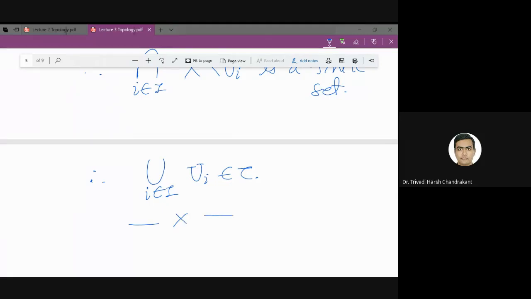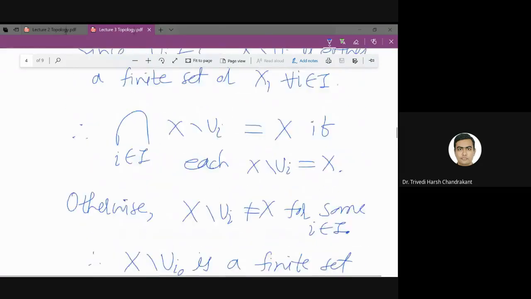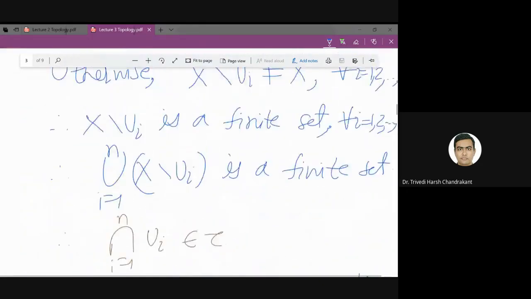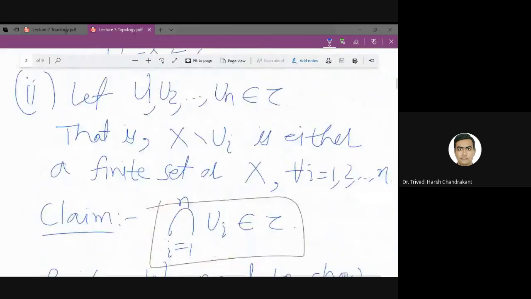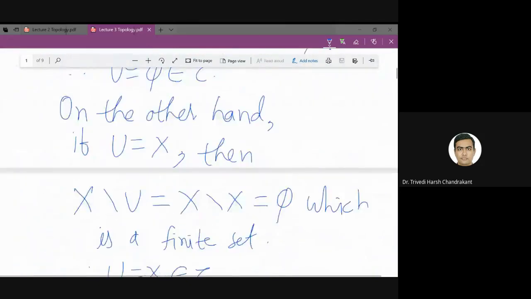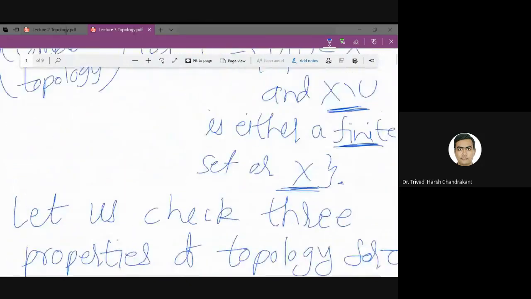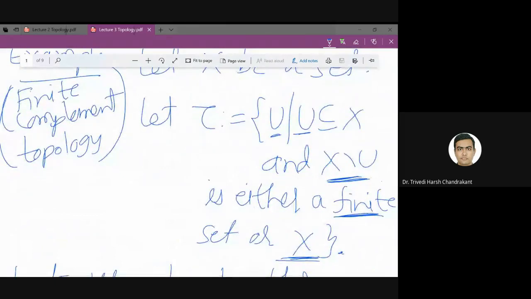So that means the tau we have defined here satisfies all the properties of a topology. This particular tau is known as the finite complement topology on the set X, and some books refer to it in short as the cofinite topology.